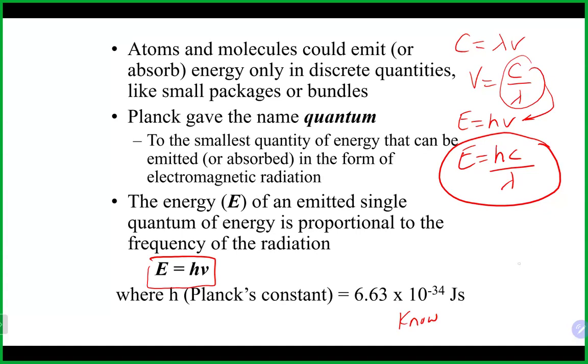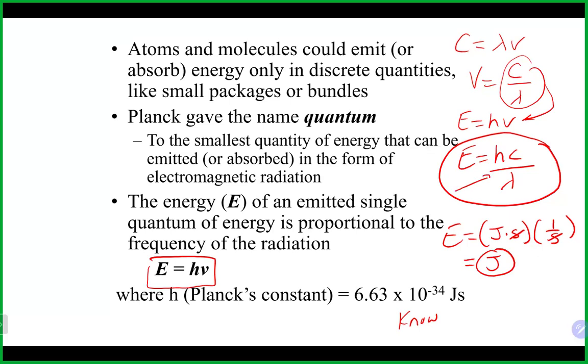By the way, the energy here will end up being in units of joules. When you look at just the units here, h is joules times seconds, and frequency is reciprocal seconds. So the reciprocal seconds and the seconds cancel, and that leaves you units of joules. Joules, as we talked about in the energy chapter, is a unit of energy.